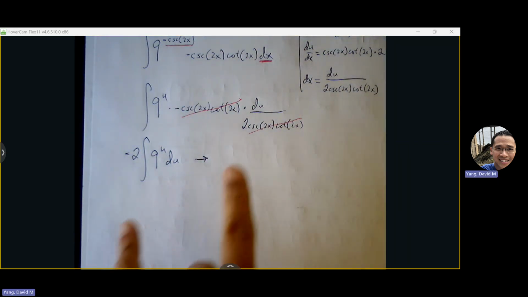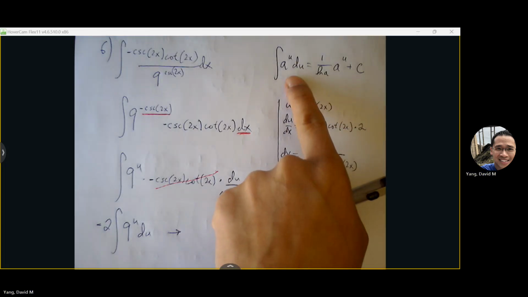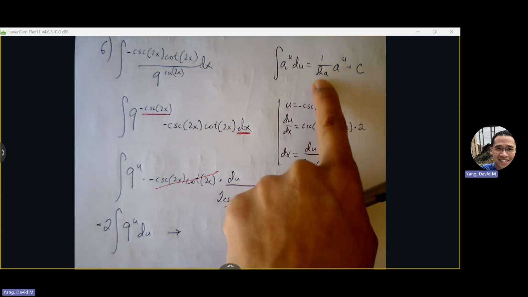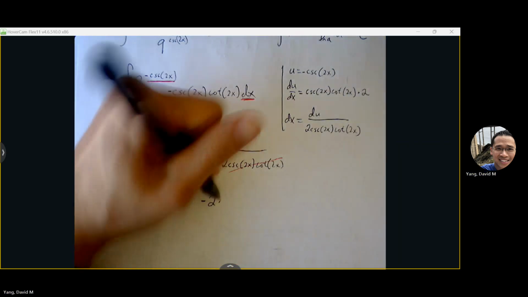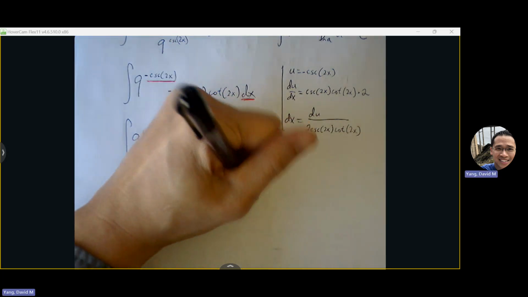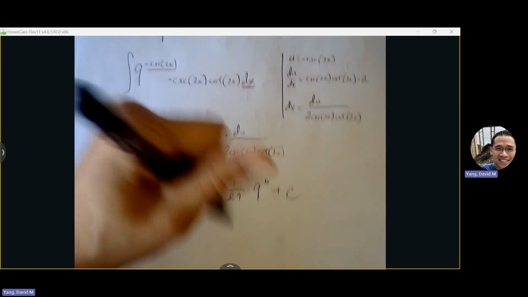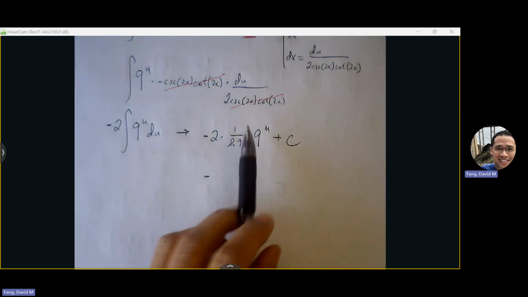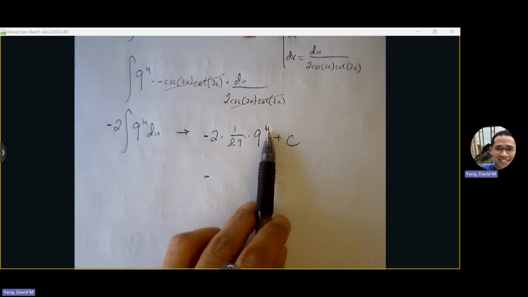Okay, so now we're ready to jump into our integral rule. Negative 2 first, and then we follow our rule, 1 over natural log of a, so 1 over natural log of 9. And then times 9 to the u, a to the u plus c. And our final step, just bring back our x variable.